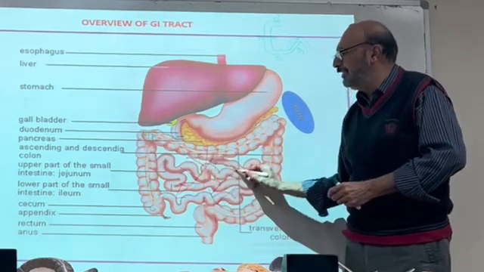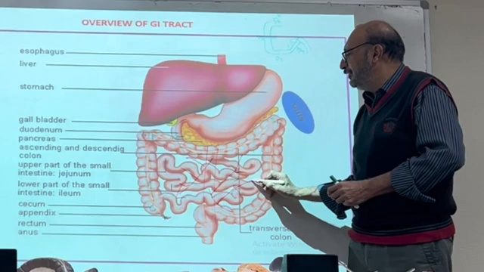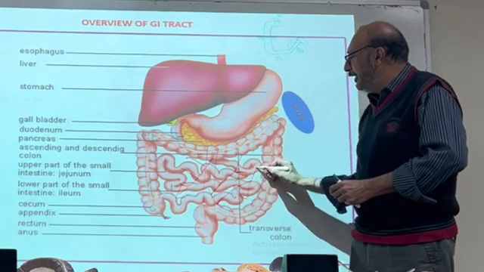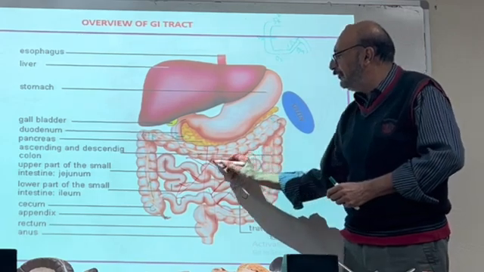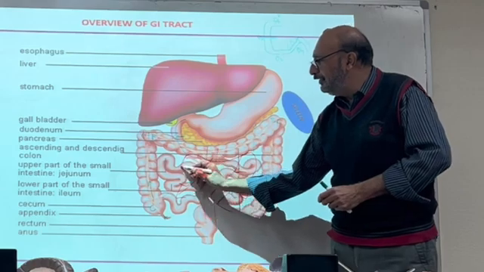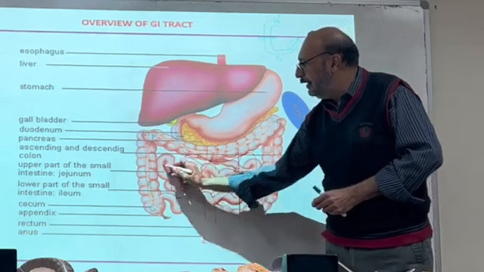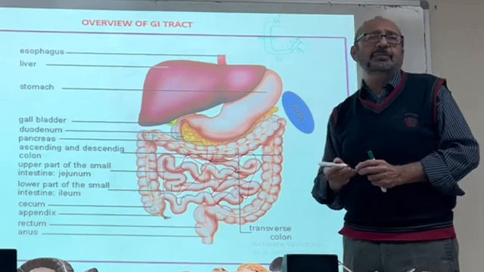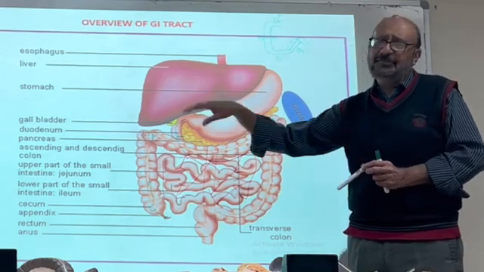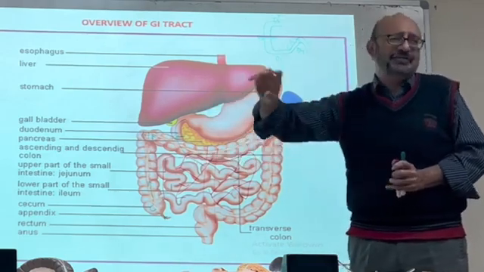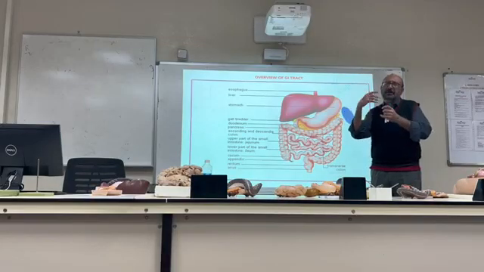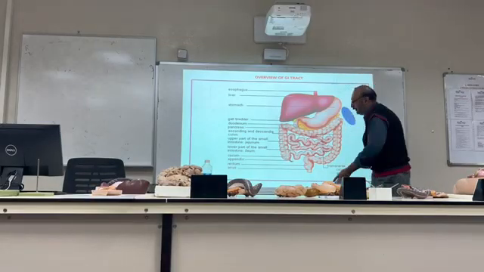Here we have 2 big branches. They will divide into multiple branches and make a marginal artery of Drummond, anastomosing with these branches, and this is how the blood supply of the gut is arranged. I will give you the names of the branches, everything. This is just an overview to make a comprehensive impression on you.